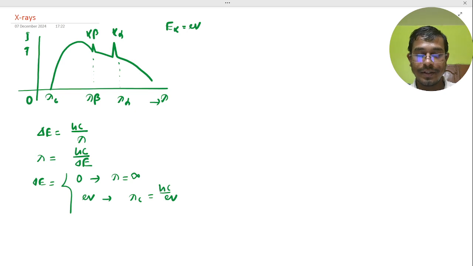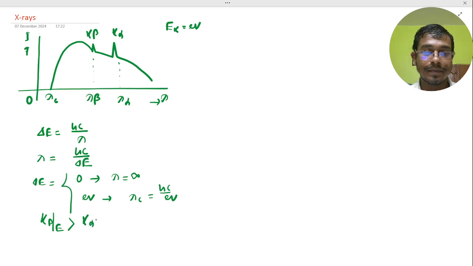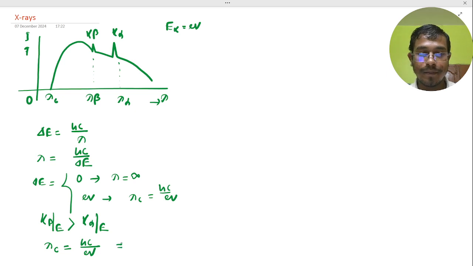The important point is that K beta X-ray is more energetic than K alpha, so K beta energy is greater than K alpha energy. The cutoff wavelength equation, lambda c equal to hc by eV, is a very important formula.